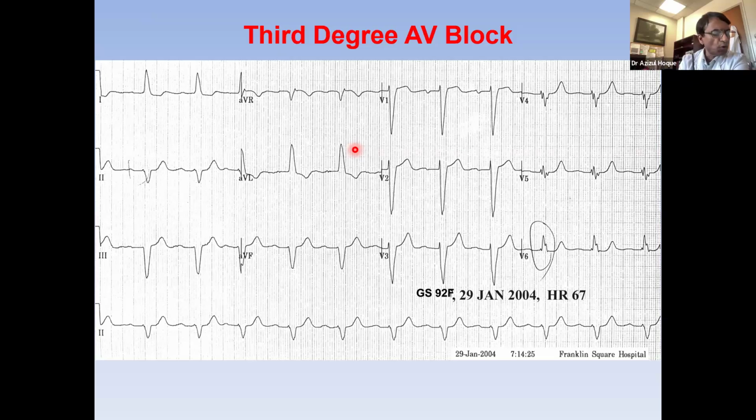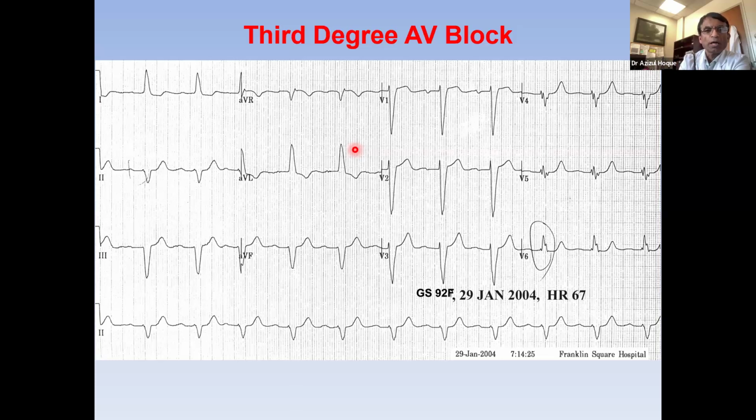But the second important thing to remember is that when the patient has 2-to-1 block, a treadmill stress test is extremely important, because if the 2-to-1 block improves or goes away with exercise, that means his bundle is still intact.